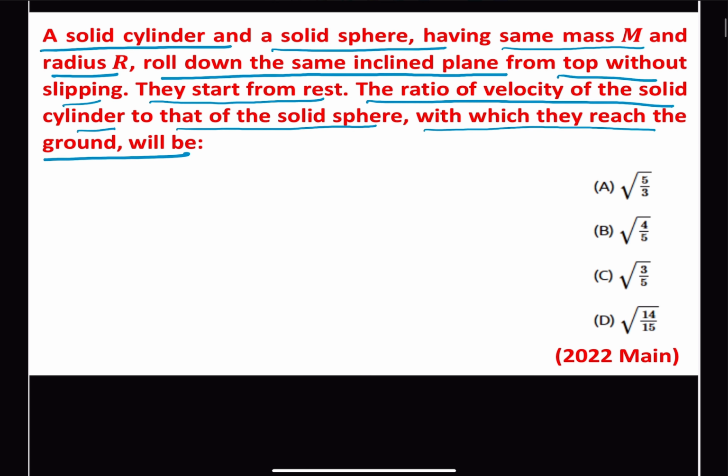In this case, it is basically about the conservation of energy, and as the motion is without slipping, it is pure rolling. So we are going to have two types of kinetic energy, one translational and the other rotational. We can draw an approximate figure for that.